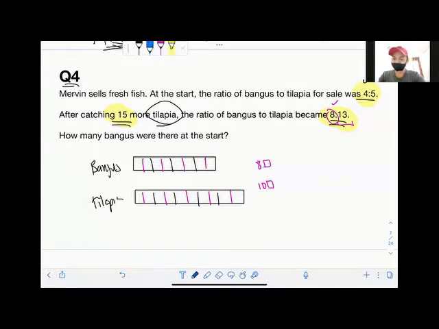Ayun. So, 3 boxes yung idadagdag natin. 1, 2, 3. At yung 3 boxes na yan ay equivalent po dun sa 15 na nagdagdag. Yung 15 na tilapia ay yung 3 box na dinagdag natin.